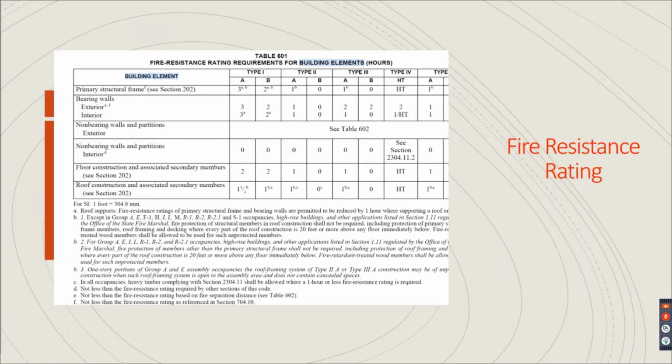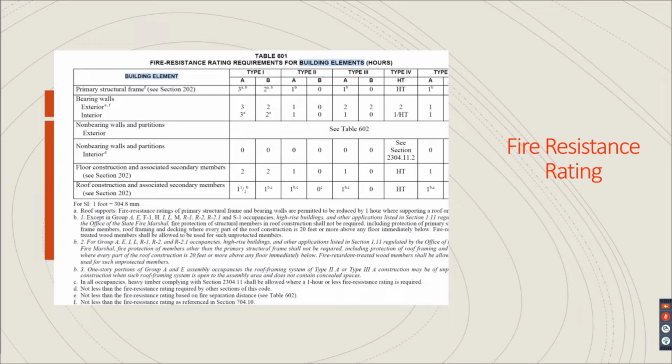You've got your primary structural frame, your exterior and interior bearing walls, the non-bearing walls and partitions at the exterior that may or may not need protection, but that would get into a little bit later or other sections. And then non-bearing walls and partitions for the interior, floor construction and associated secondary members, and then roof construction and associated secondary members.